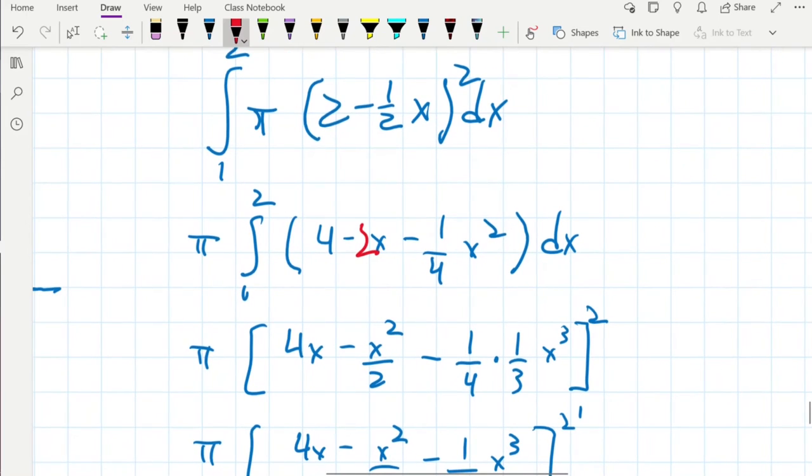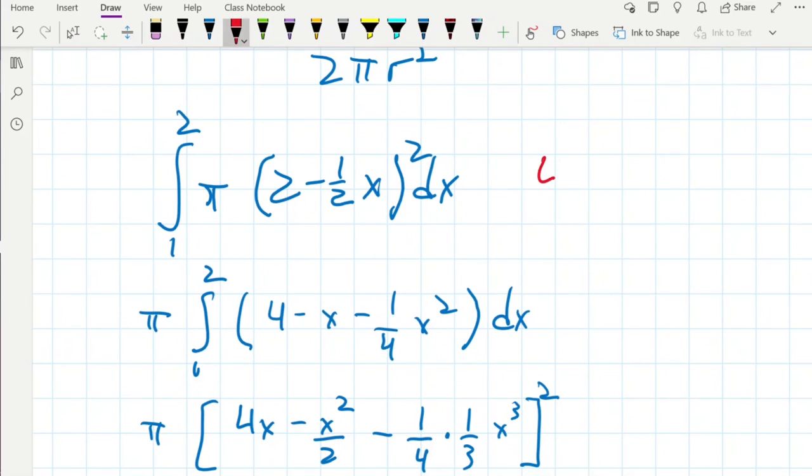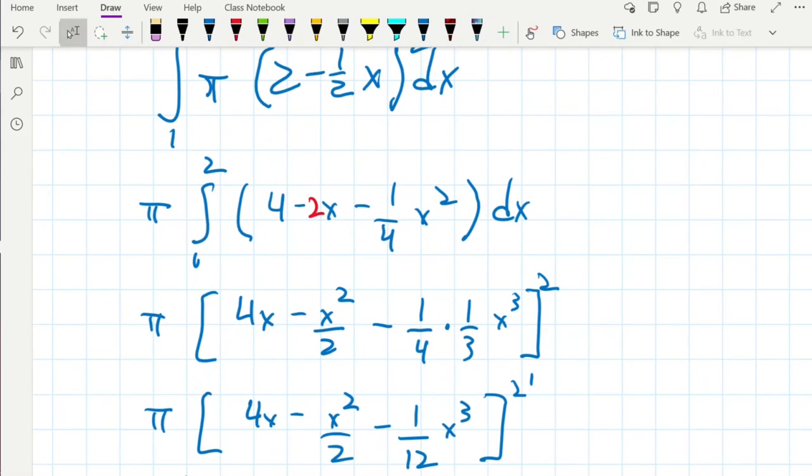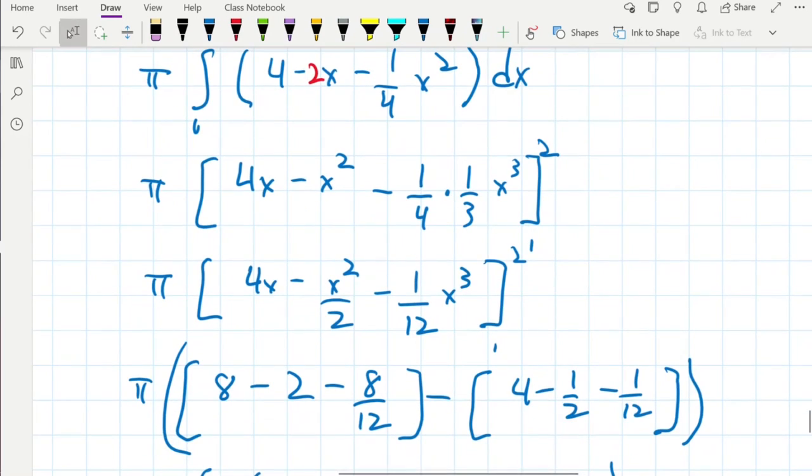My expansion is incorrect. Okay, that might be it. Let's see, we got 4 minus 1. Oh, I see what I did wrong. Okay, yep. I forgot that this is not a 1, and I just assumed it was a 1. So this should be minus 2, which means that is done.